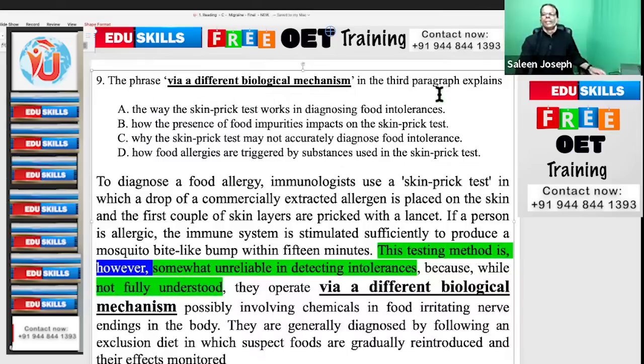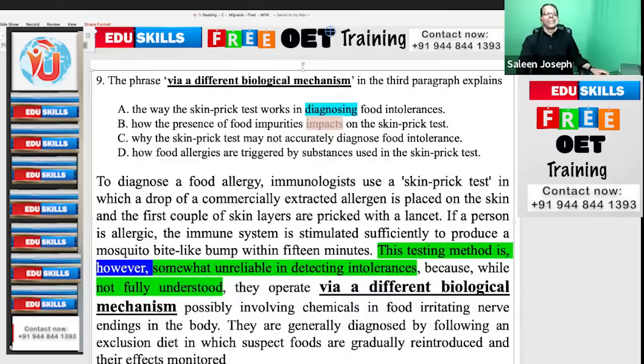Let's see the options. Question 9. The phrase "via a different biological mechanism" in the third paragraph explains what? The way the skin prick test works in diagnosing food intolerances. This is diagnosis, right? Second, how the presence of food impurities impacts on the skin.